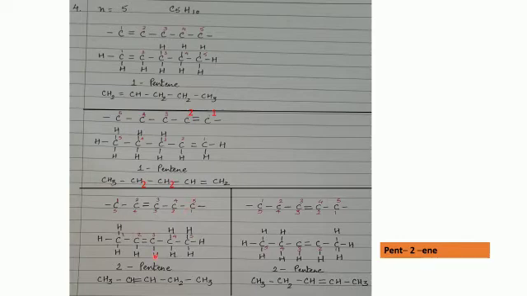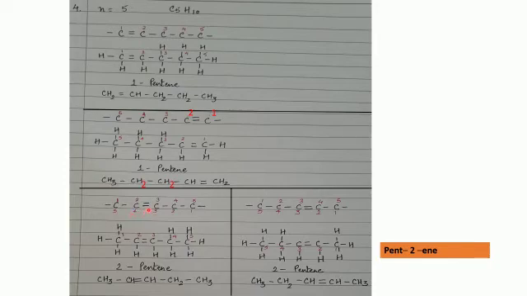Coming to the next structure, now you can see that the position of the double bond has changed. We have shown it between these two carbon atoms here. So now numbering from this side or this side, which one will be correct? If you number from left to right, you get 1, 2, 3, 4 and 5, and the double bond is between 2 and 3. If you start numbering from this side, 1, 2, 3, 4 and 5, you get the double bond between 3 and 4.